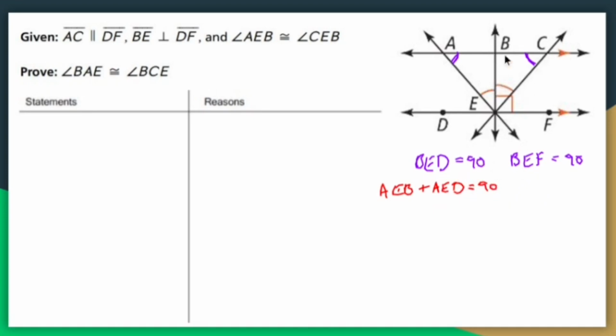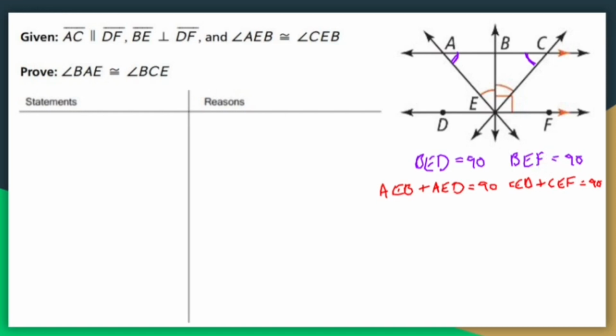Also, BEF consists of BEC, but they want me to write it out as CEB. So CEB plus CEF is 90. Angle addition postulate.